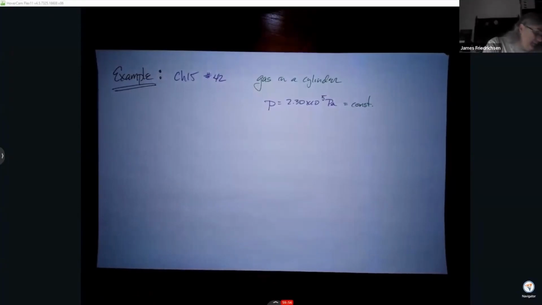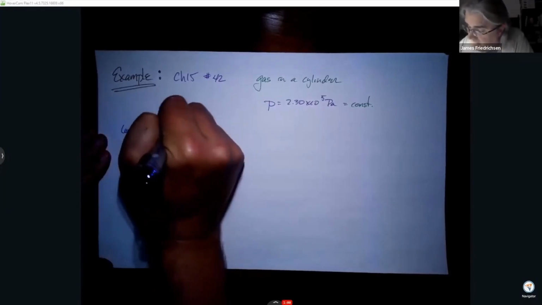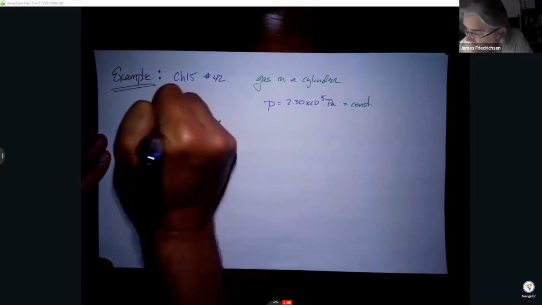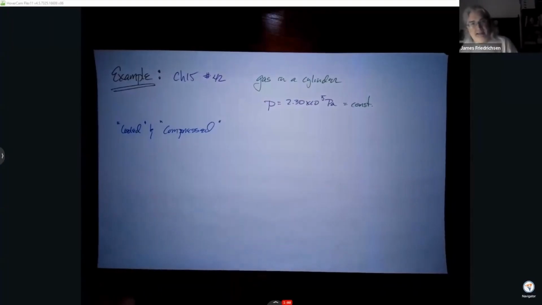Let's keep reading though. It says that the gas is cooled and compressed from 1.70 cubic meters to 1.20 cubic meters. So we're going to cool the gas and then compress the gas. Now, since we're going to compress the gas, what does that tell us about the work done by the gas?